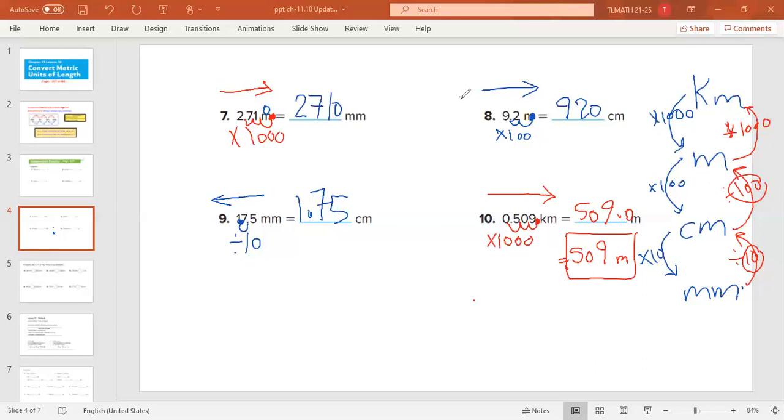Now, what if I want to compare 2 different units? For example, I want to compare which one is larger than the other, meter or millimeter, kilometer or centimeter. Let's do some exercise about this idea.